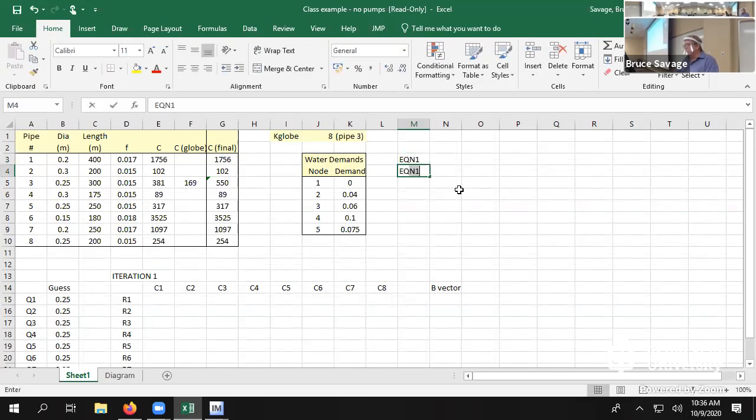Equation 1, equation 2, and I'm going to have to go down through equation 9. Oh, wait, there's only 8 pipes in this one, isn't there? I'm jumping back to my example in class. Okay, 8 equations.